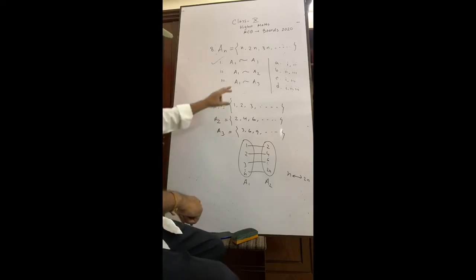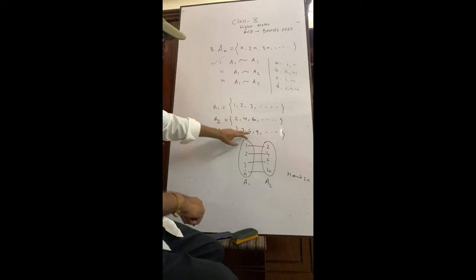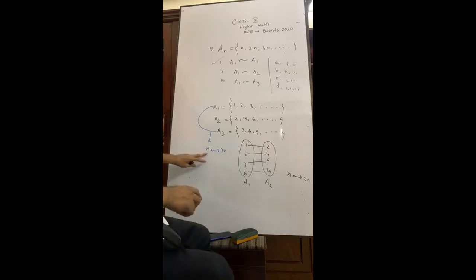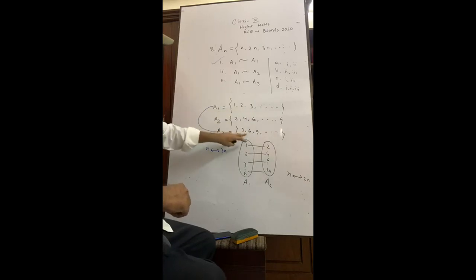In the same way, A1 and A3 will also be in one-to-one correspondence: N to 3N. 3 times the set A. If we multiply by 3, we get 3, 6, 9.